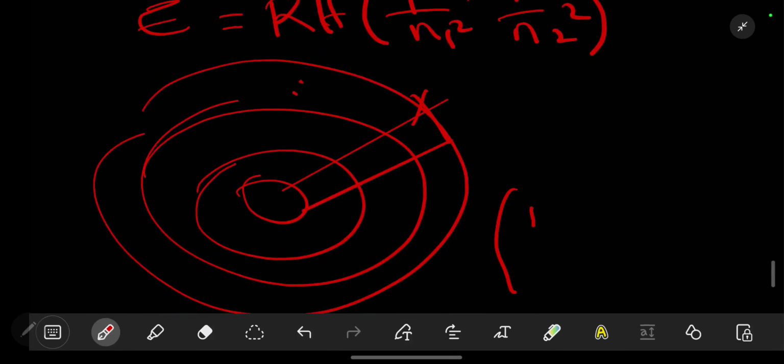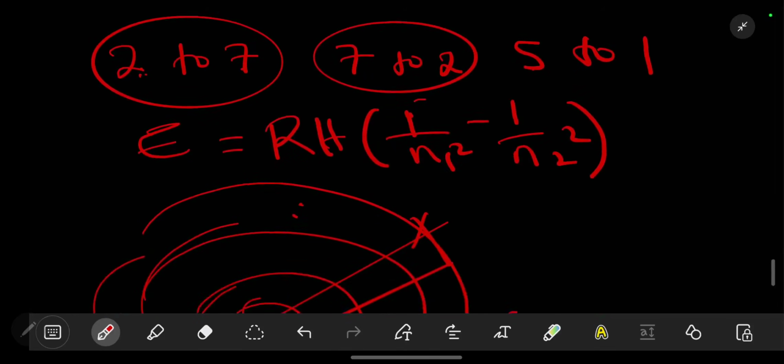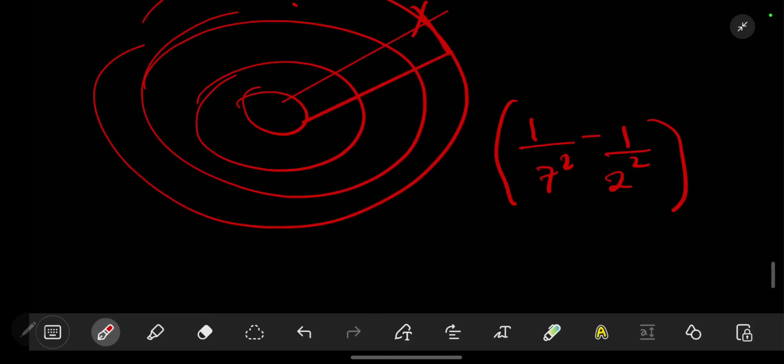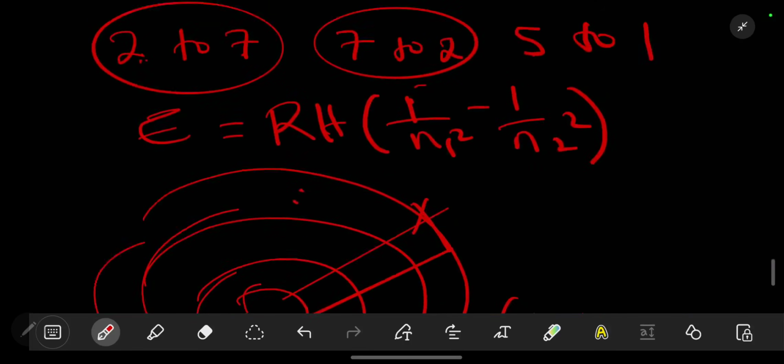We have 1 over 7 squared minus 1 over 2 squared, but don't care about the sign when you are doing this. 1 divided by 7 squared, minus 1 divided by 4, gives us a value of 0.229591. So this is from 7 to 2.